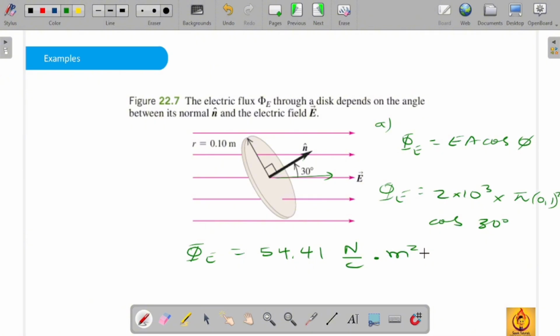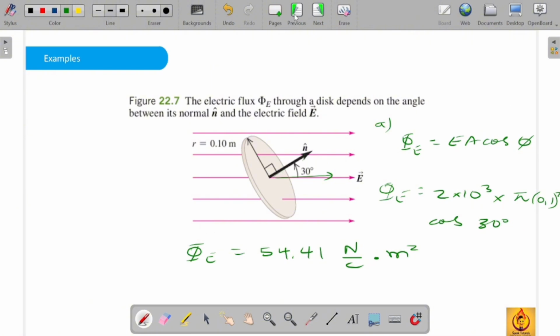This is the area, right? Newton per Coulomb is the electric field, and then multiplied by the area, which is meter squared. So what did you say the units are again? Newton meter squared per coulomb. Oh, it is like this. Oh, all right.